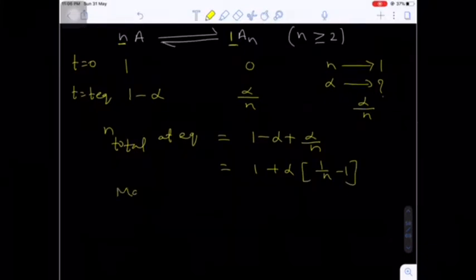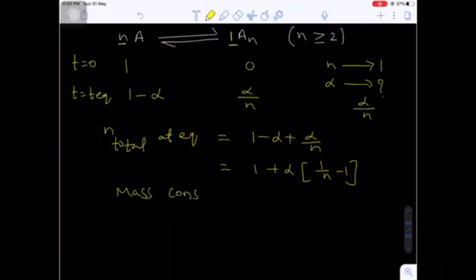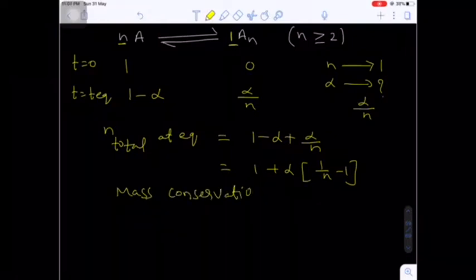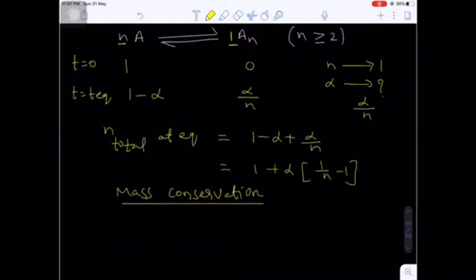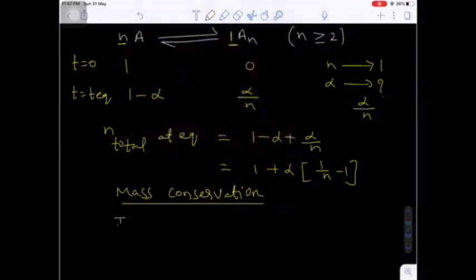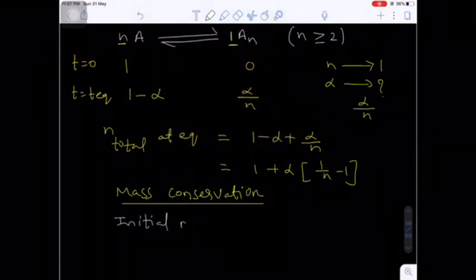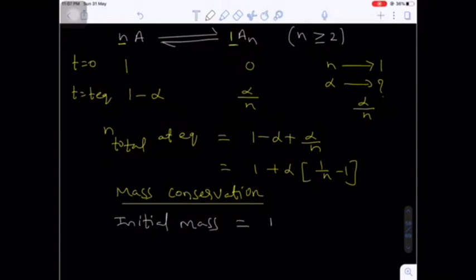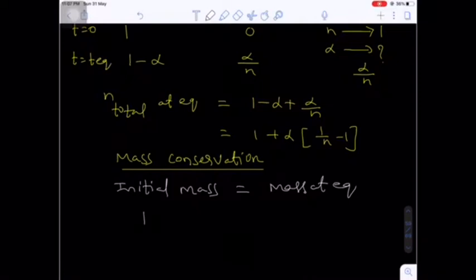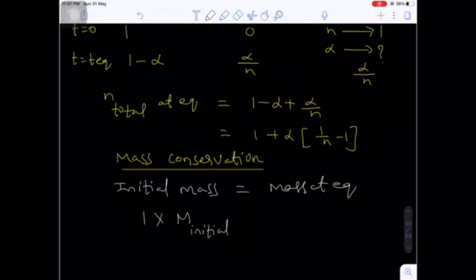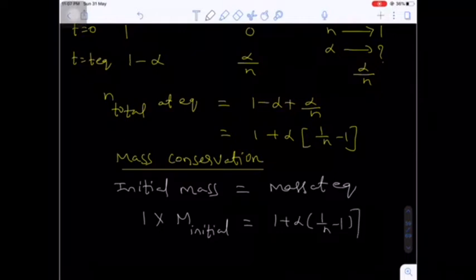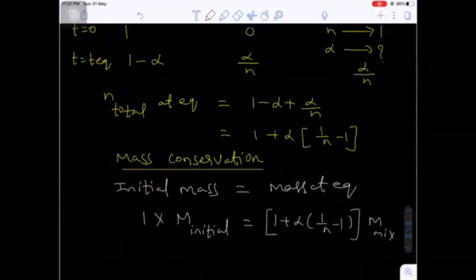Here also apply the principle of mass conservation. According to mass conservation, whatever the initial mass is will be equal to the mass at equilibrium. Initially I am taking 1 mole. Let's suppose the molar mass is M initial. Then 1 plus alpha into (1 by n minus 1) moles at equilibrium, into the molar mass of the mixture.